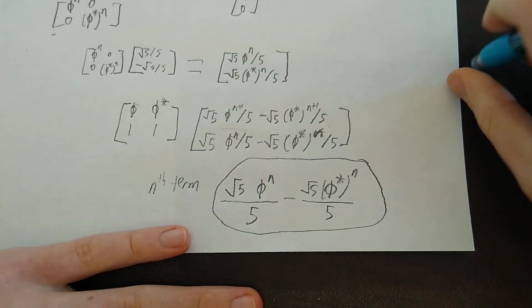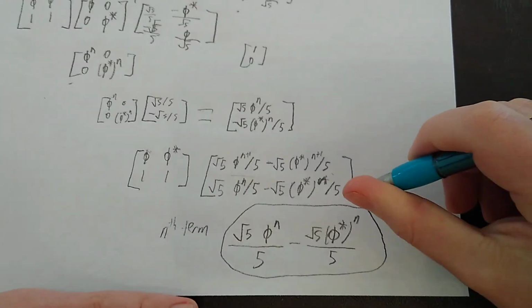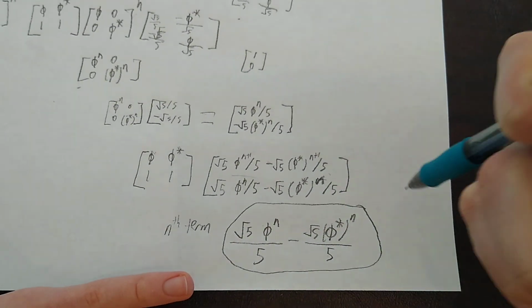And that is how you can calculate the 700th term, 1000th term, 5000th term. And now you know how to calculate each of those terms.